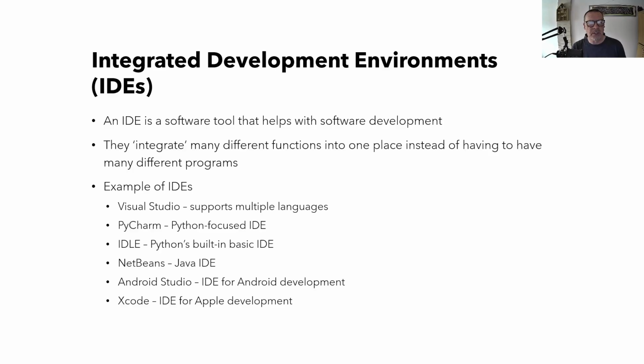There's Visual Studio, which supports multiple languages; PyCharm, which is focused on Python; IDLE, the built-in but very basic IDE for Python; NetBeans for Java; and Android Studio and Xcode, which are for mobile development, Android and Apple respectively.